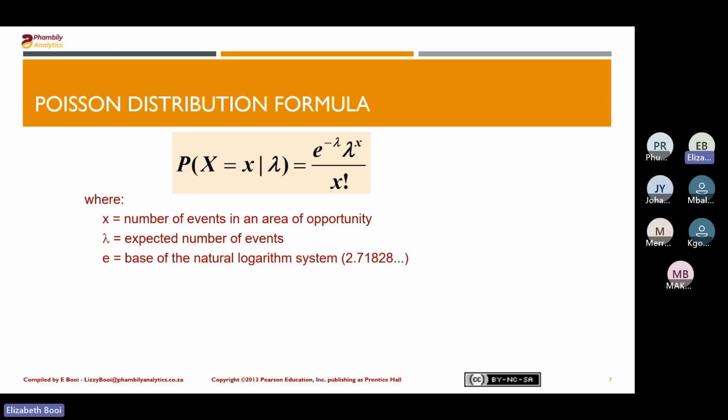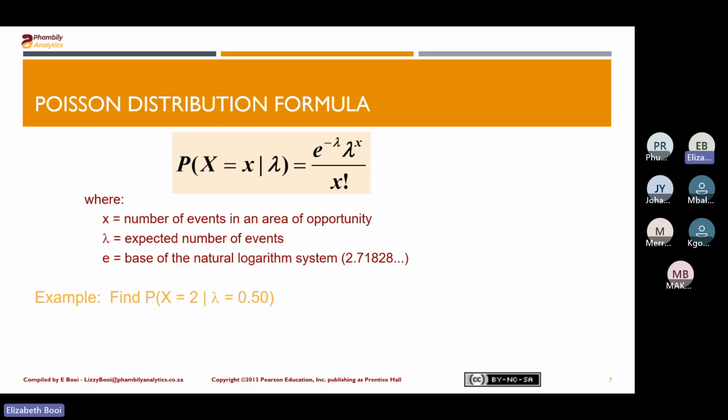So how do we answer questions like this? For example, if the question says, find the probability that X is equal to 2 when the mean, or the expected number of events, is equal to 0.5, then we need to take the information given, substitute it into the equation, and calculate.